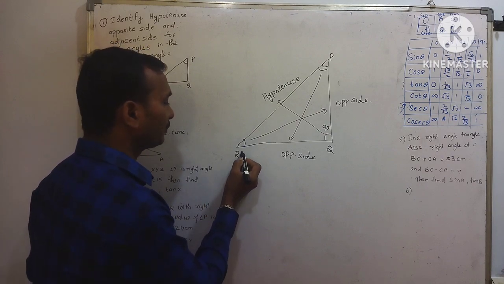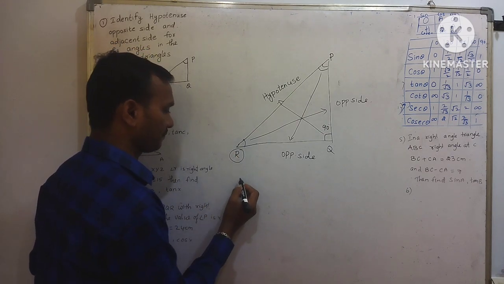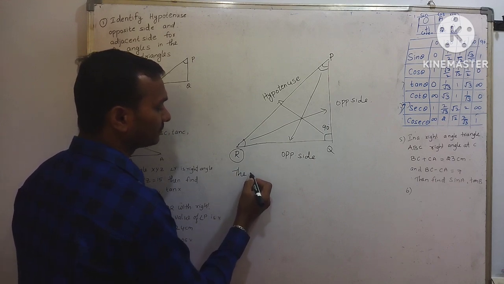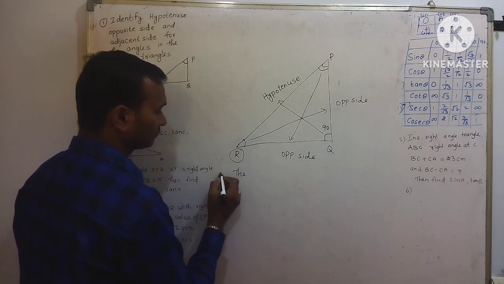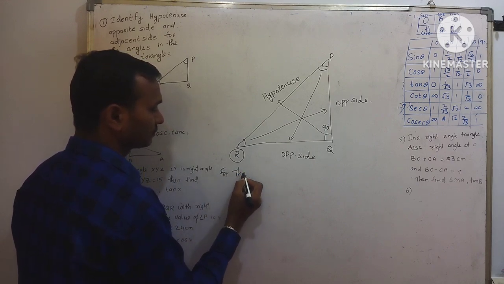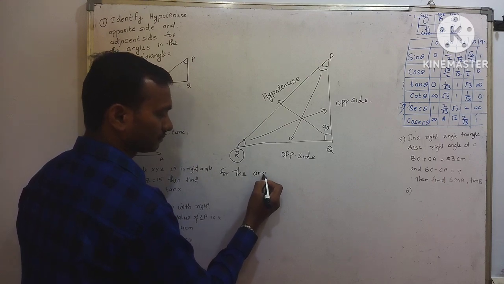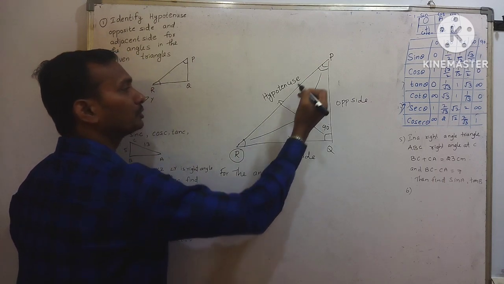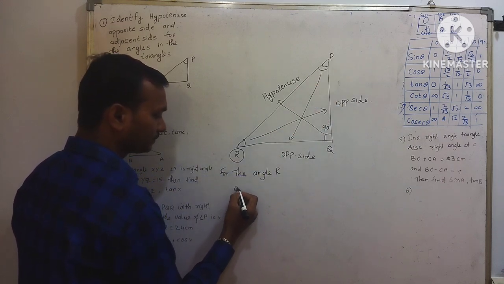For example, if you are observing from R, so for the angle R, the opposite side becomes PQ.